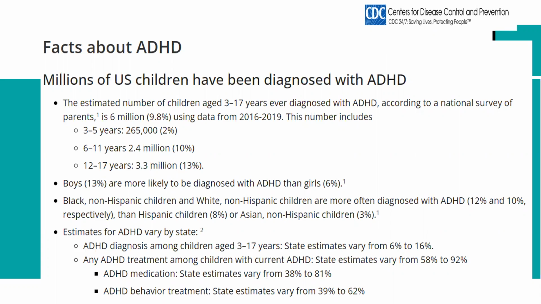The data was gathered from 2016 to 2019, and estimates prevalence rates of about 9.8% for all children aged 3 to 17. So almost 10% of students have a diagnosis of ADHD. Let's talk about where we are now. School closures during the pandemic exacerbated the symptoms of ADHD for students who were already diagnosed.